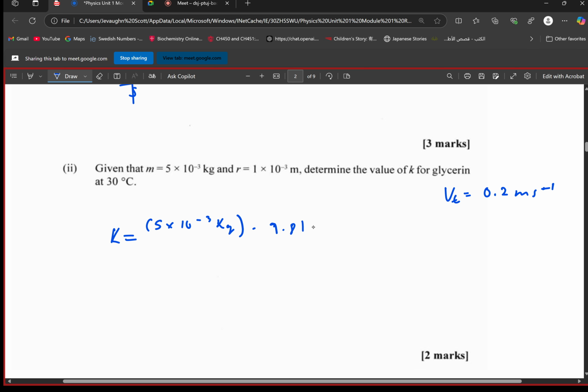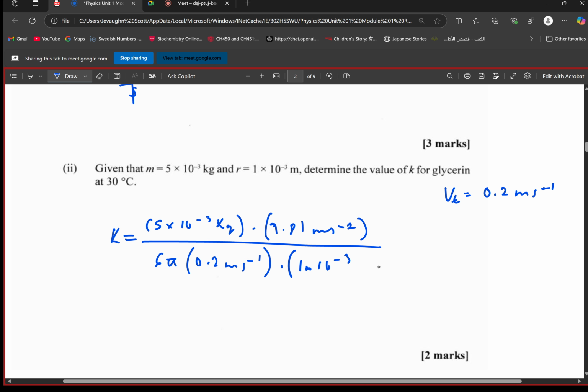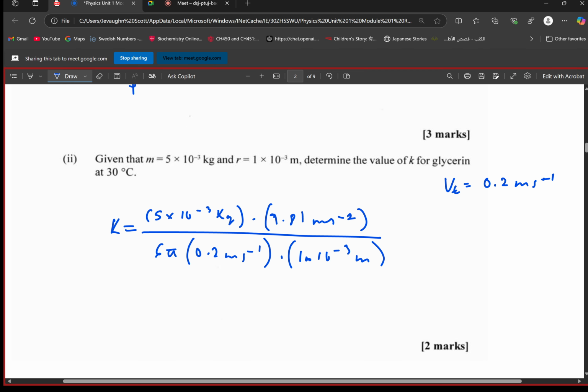9.81, and this will be meters per second squared rather. Just plugging in the values. We have M, we have G, and then we have 6 pi times the 0.2 meters per second, which I placed up there. And we're timesing that by 1 times 10 to the negative third meters. How we end up getting now, K is going to be equal now to what?